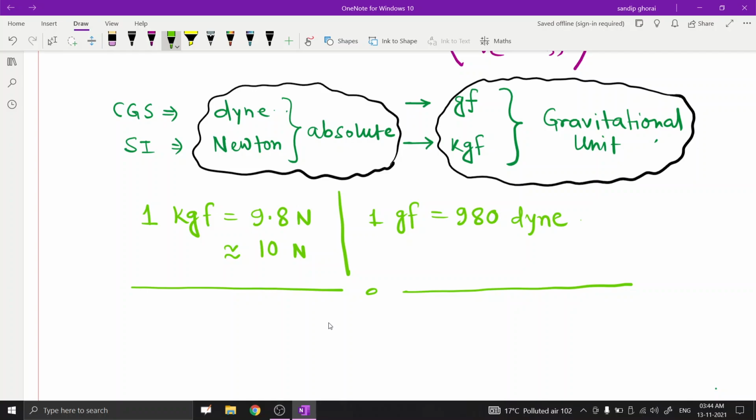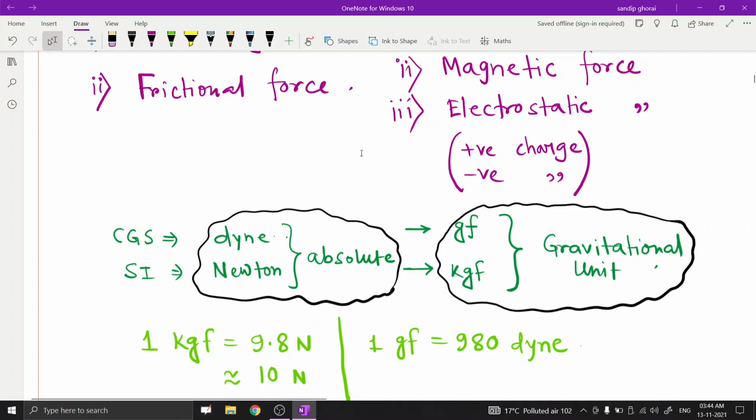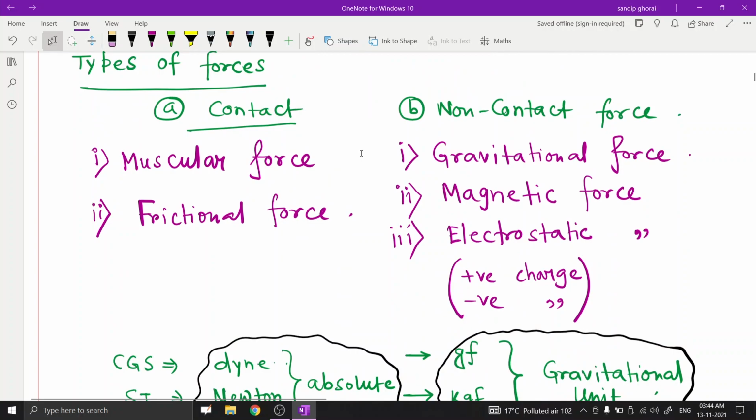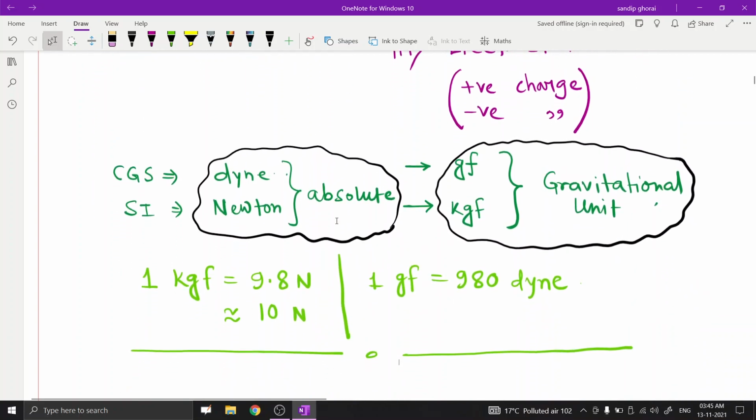Also you have to remember the relation between gravitational and absolute units, and the types of forces, like contact force and non-contact force, and give two examples of contact and non-contact forces. And what the examples of muscular, frictional, gravitational, magnetic, and electrostatic force are, and the definitions of these types of forces.